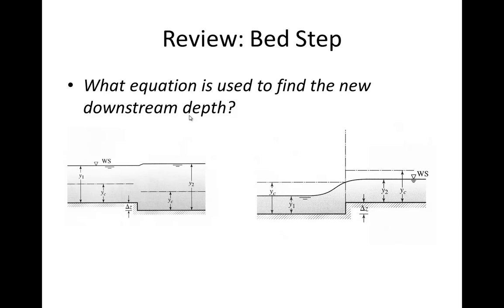Now let's consider both the step down and the step up as a function of what it does with specific energy. We know that the normal depth of flow leads to some water surface elevation above the channel bed. And in this case, we can see just by looking that it's subcritical conditions because the flow depth is greater than the critical depth.